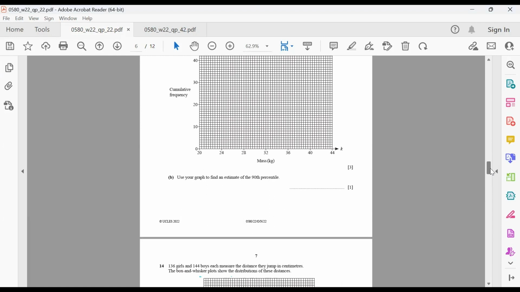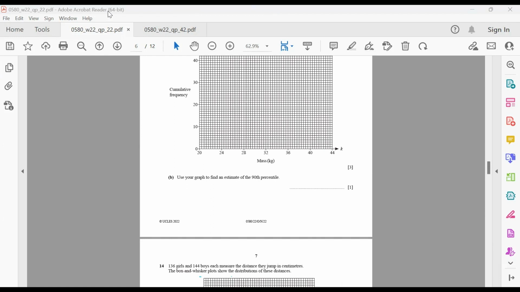We have: use your graph to estimate the 90th percentile. So once you plot the graph points, then you should be able to figure out the 90th percentile.